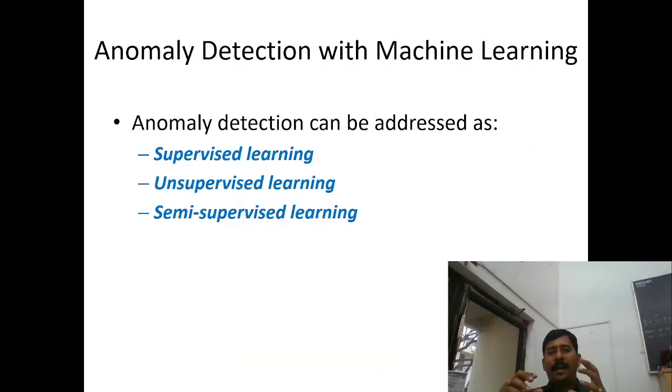Anomaly detection can be addressed as supervised learning, unsupervised learning, or semi-supervised learning. What is the difference between these? Supervised learning means training a classification model using labeled normal as well as abnormal samples.